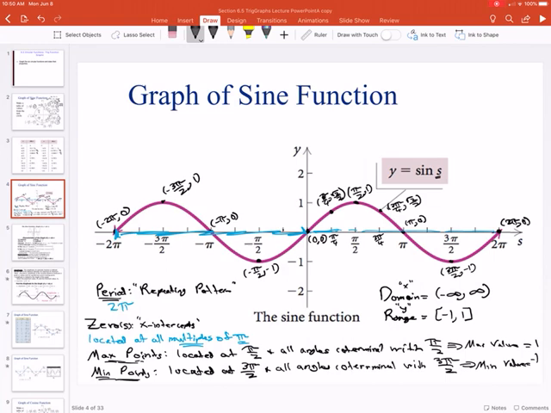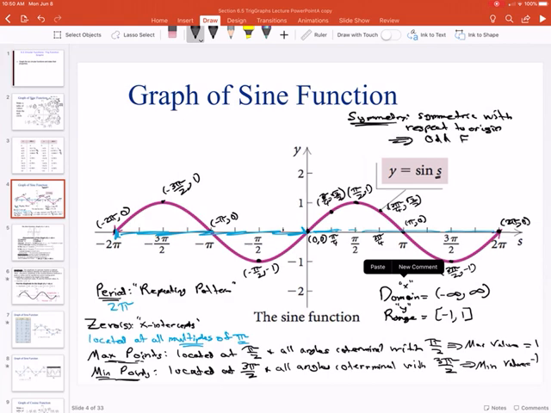We also have symmetry. You talk about symmetry with this graph of the sine function. This graph is symmetric with respect to the origin. Now, when you say a graph is symmetric to the origin, that implies we have what we call an odd function. Even function, graph symmetric to the y-axis.